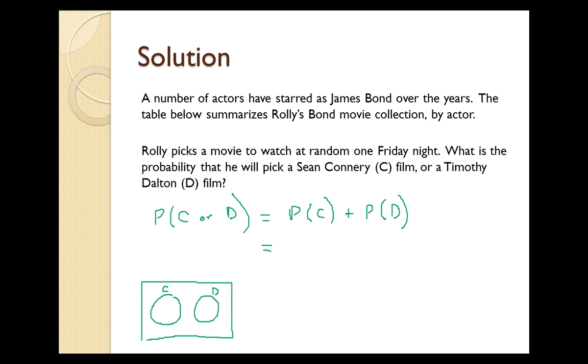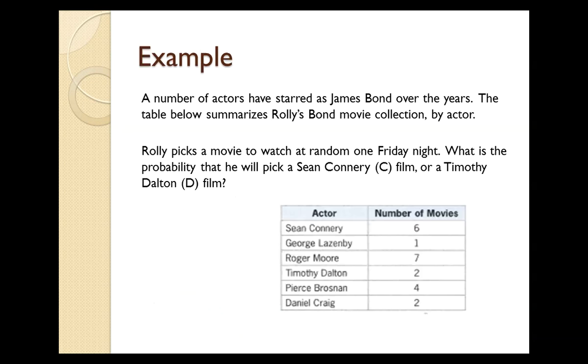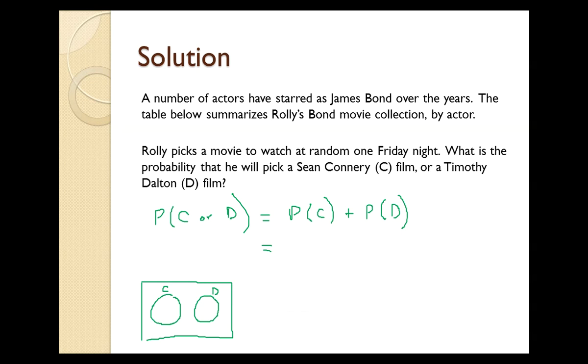And if we go back to the table there, we can see that in total there are 22 total movies, 6 Sean Connery and 2 Timothy Dalton. So that would be 6 out of 22 plus 2 out of 22, 8 out of 22.